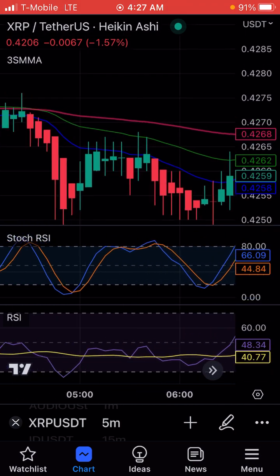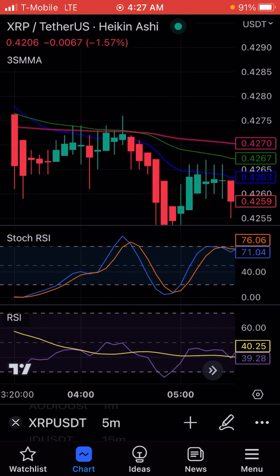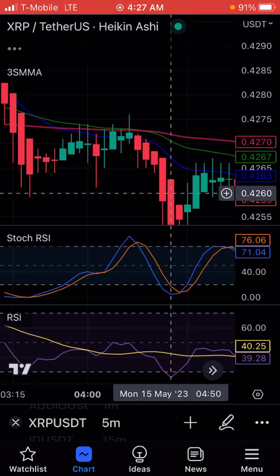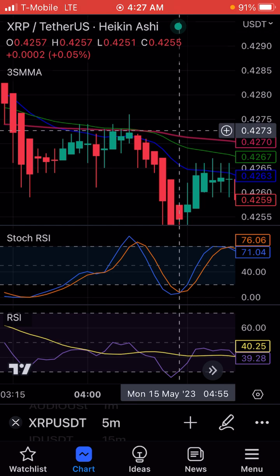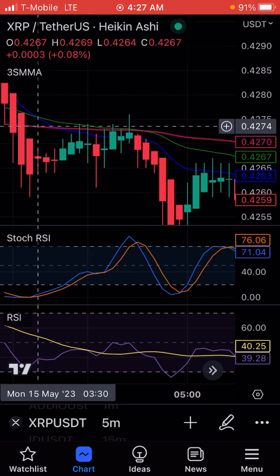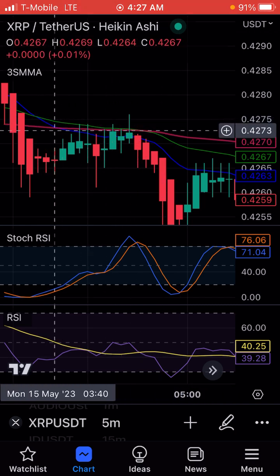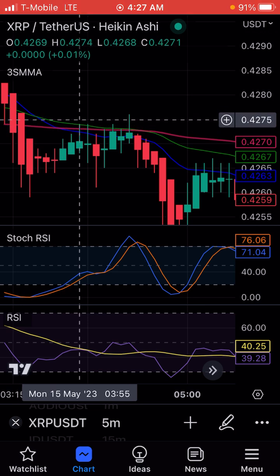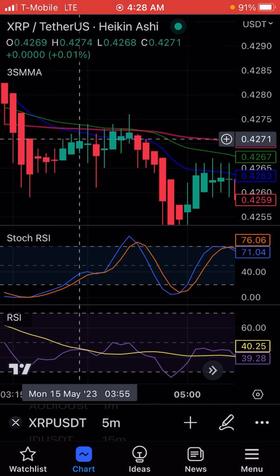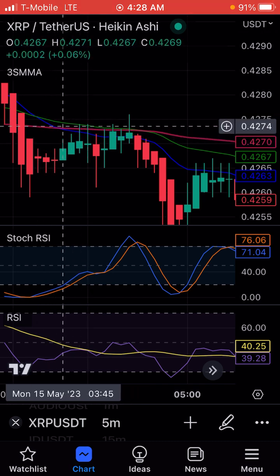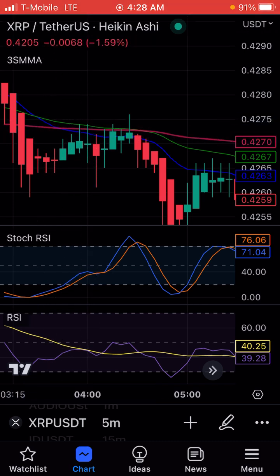So let's see here. We got the cross. Okay, so we see the 55 is above everything, and we see the cross happening right about here. This is kind of tricky because it's not yet above it yet, but I still see it crossing with the other two EMAs, and the 55 is just there to be kind of like a guide.